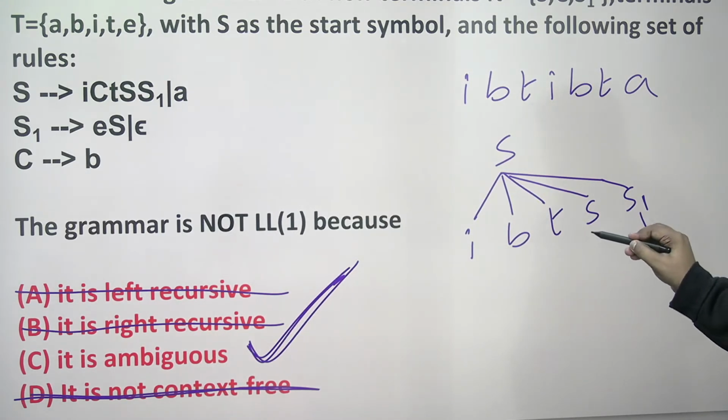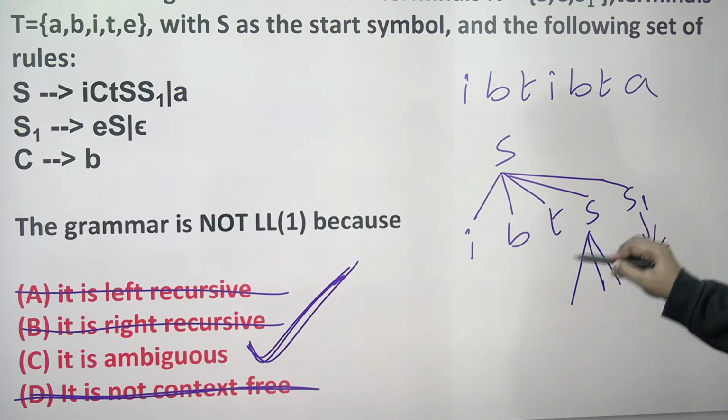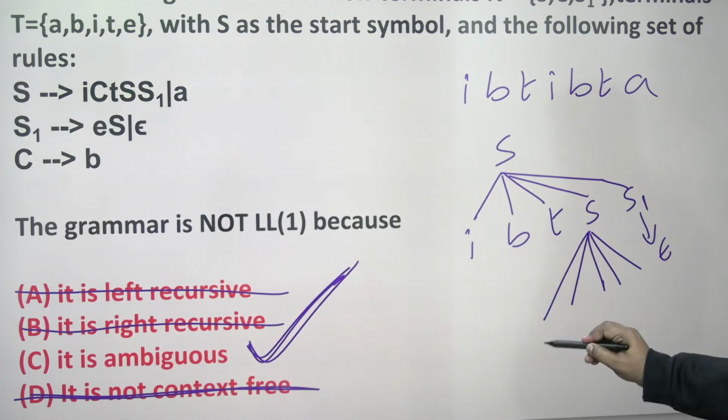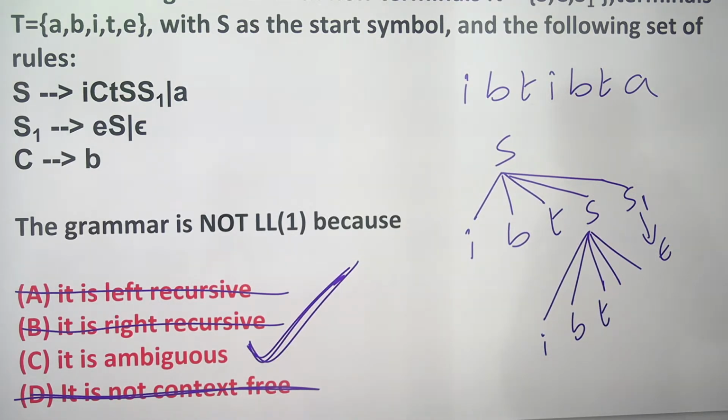So this S is replaced by IBT S1, IBT S1. So you got IBT, but S S1 is also there, and lastly you want A. If you want A lastly, I think this is the only way.